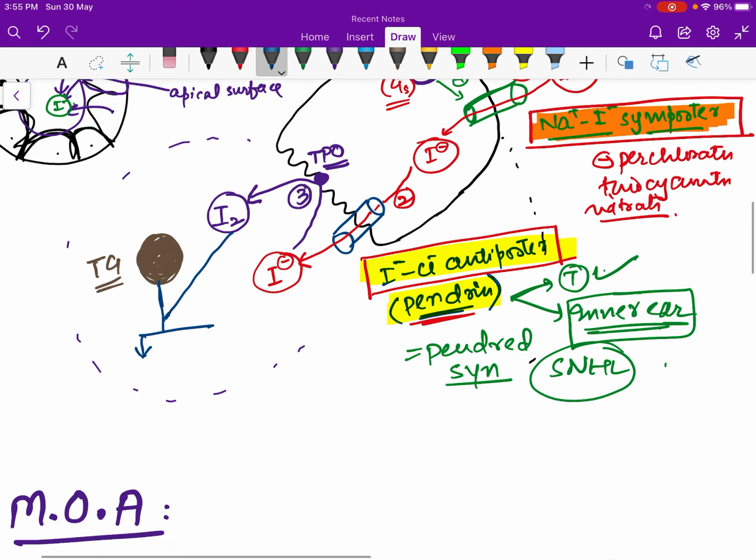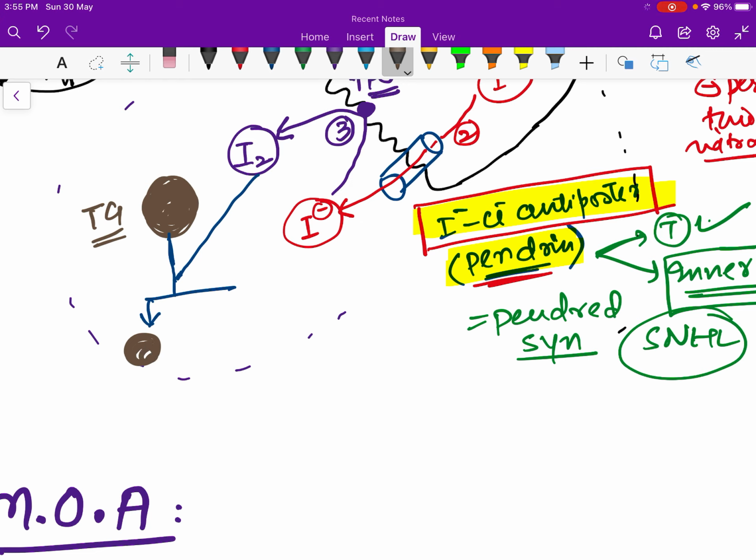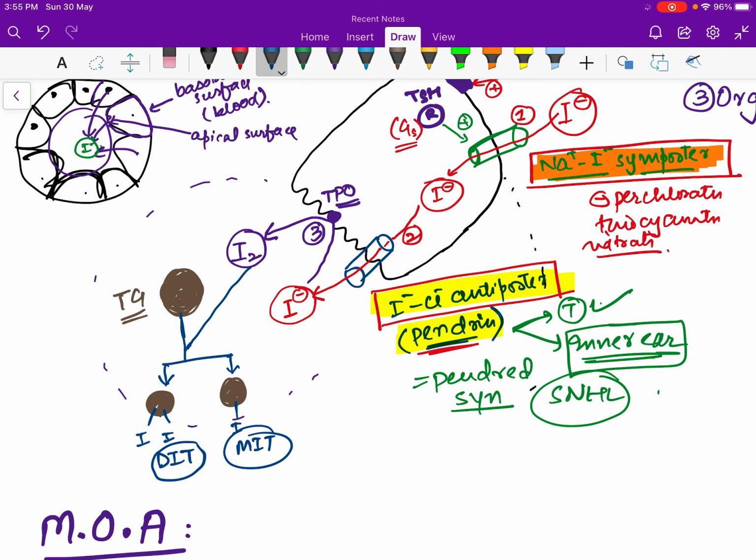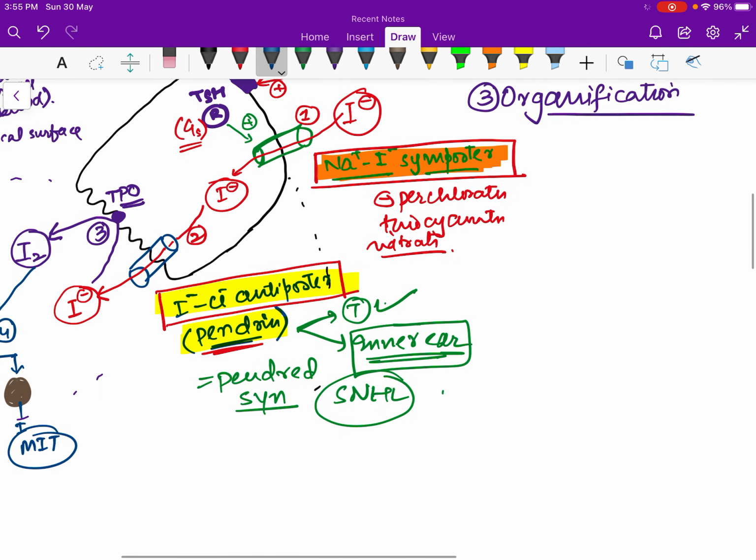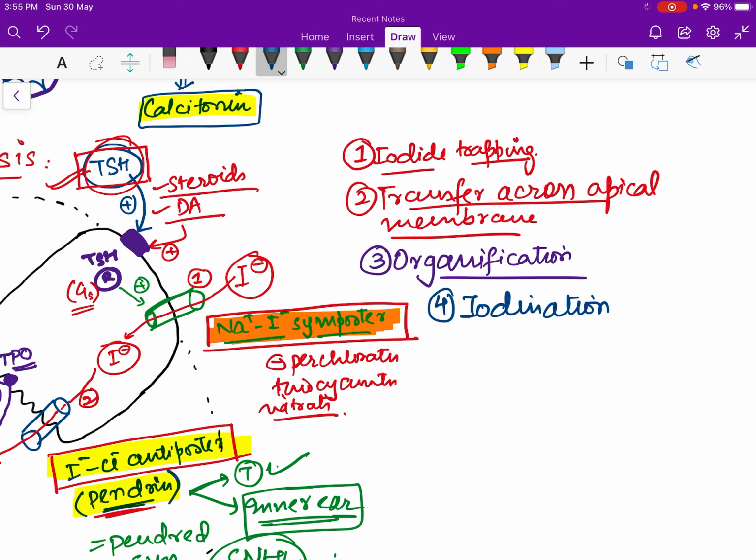So there will be formation of a molecule having two iodines attached to it, called diiodotyrosine, and another molecule having just one iodine attached, called monoiodotyrosine. This process is called iodination. This is step number 4, iodination. Let's write it here. Step number 4, iodination.